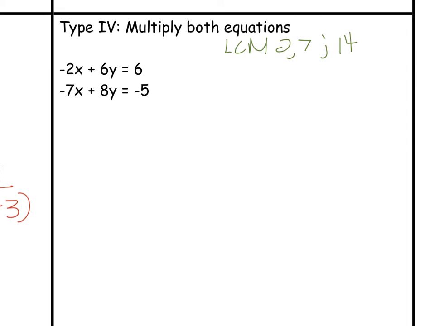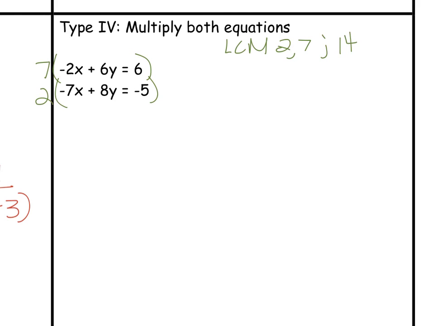The least common multiple of 2 and 7 is 14. So I need to change this equation so my x coefficient is 14, and this equation so my x coefficient is 14. To do that, I have to multiply this equation by 7 and this equation by 2. Again, I'm multiplying everything outside with everything inside the parentheses.